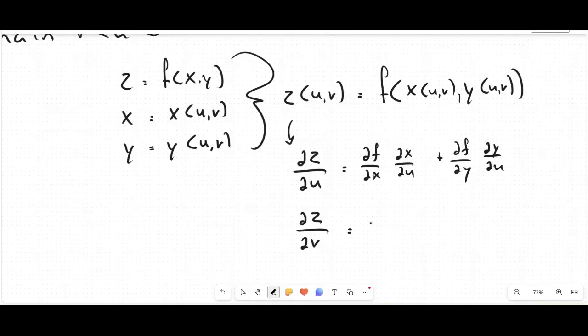And there's an entirely separate formula for v, because we could ask how much does f change when we vary x and how much does x change when we vary v? And over here, same deal: how much does f change when we vary y and how much does y change when we vary v?